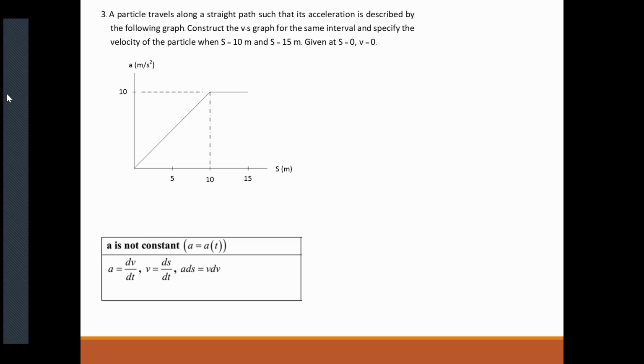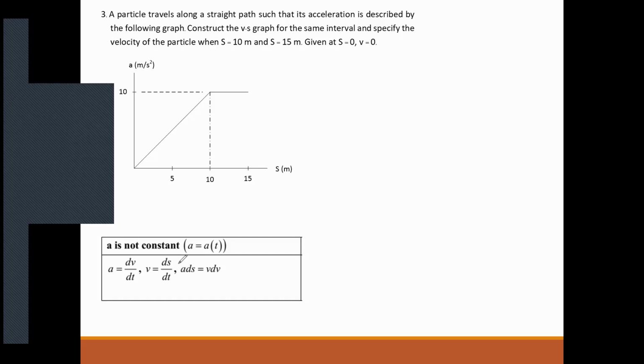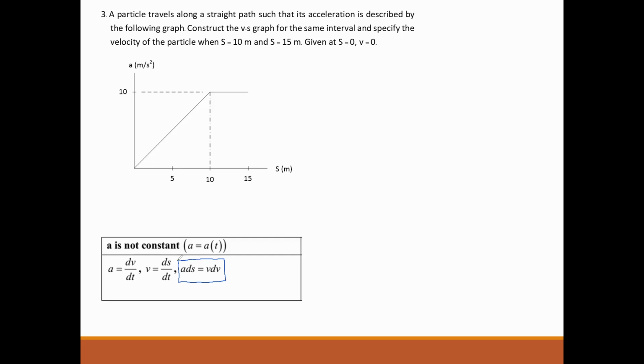For this case, we have to use the relationship ADS equals VDV, and after that we can construct the VS graph from the information in the AS graph.